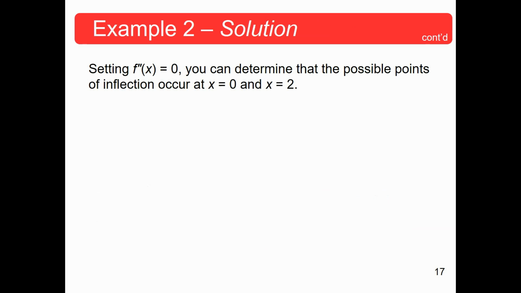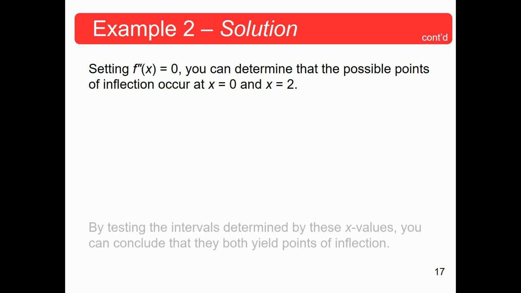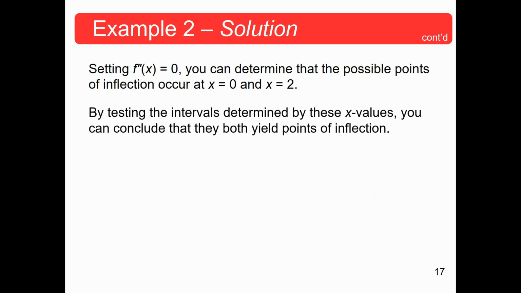Okay? Now, what we're going to do is test those intervals to determine if there are any points of inflection. So 0 and 2. This goes to negative infinity. This goes to positive infinity.